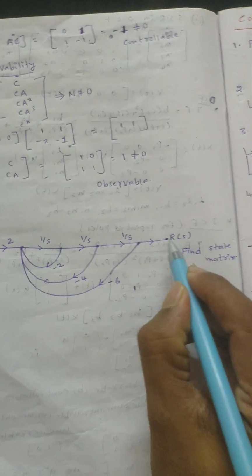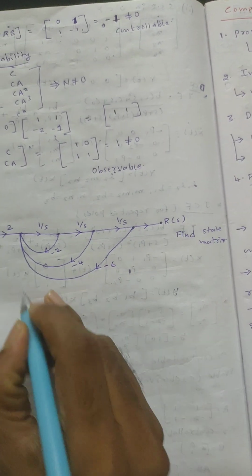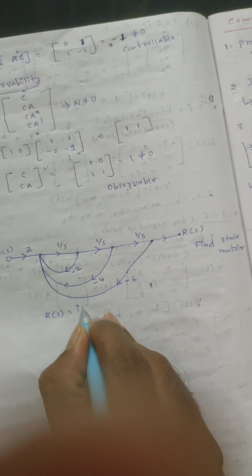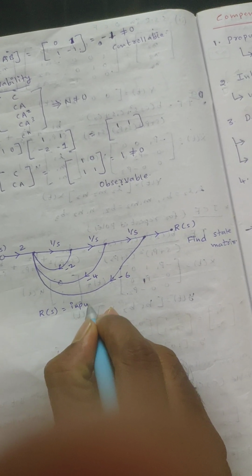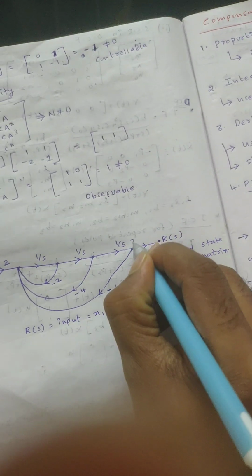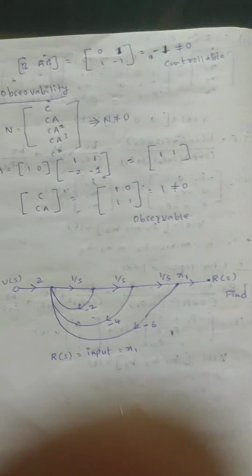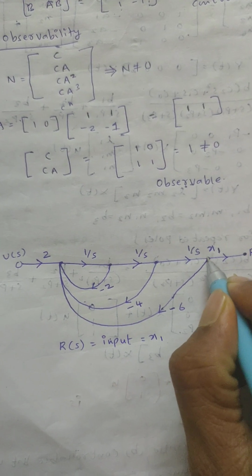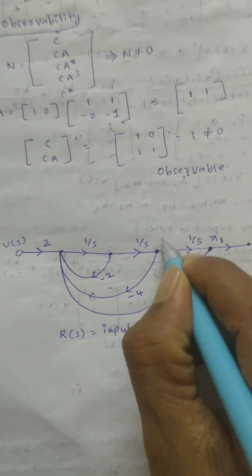Now see here, this R of S is the input, right? That input is equal to, assume, x1. That means this node is x1. Then this node is x1 dot.